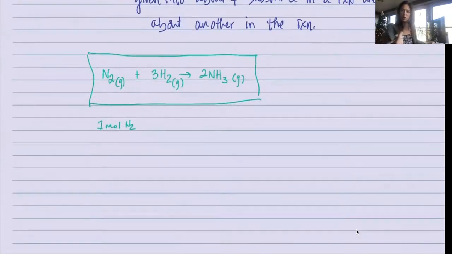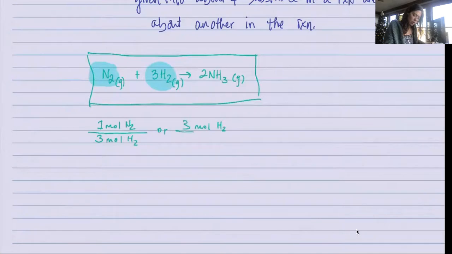You can measure it by getting the masses. So if you need 1 of these, then you need 3 of these in terms of moles. So 1 mole of nitrogen to 3 moles of hydrogen, or 3 moles of hydrogen to 1 mole of nitrogen, right? These are called mole ratios.